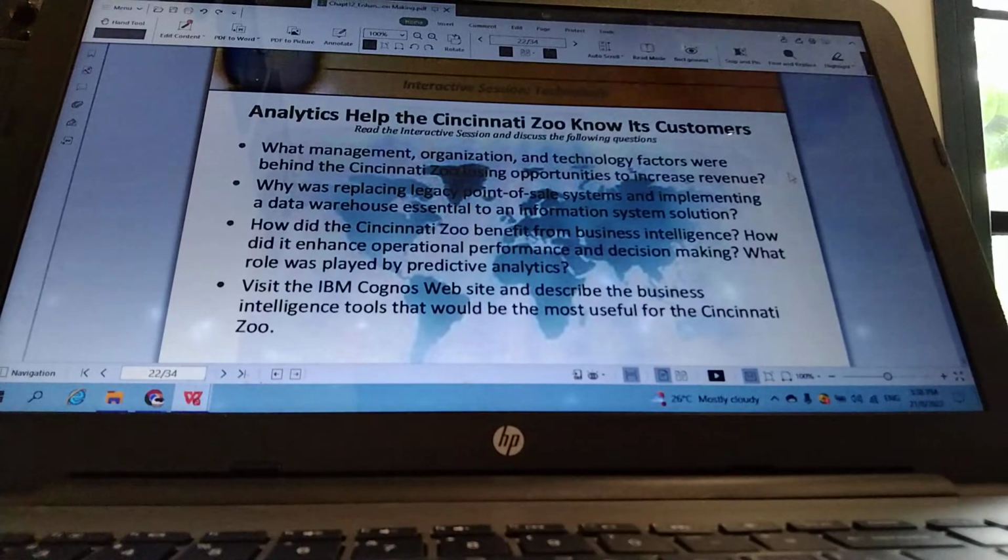Please brainstorm it with your friends and take a look at how this particular zoo is making use of these available tools in identifying, recognizing, and of course managing, and what action to be taken next onto their customers.